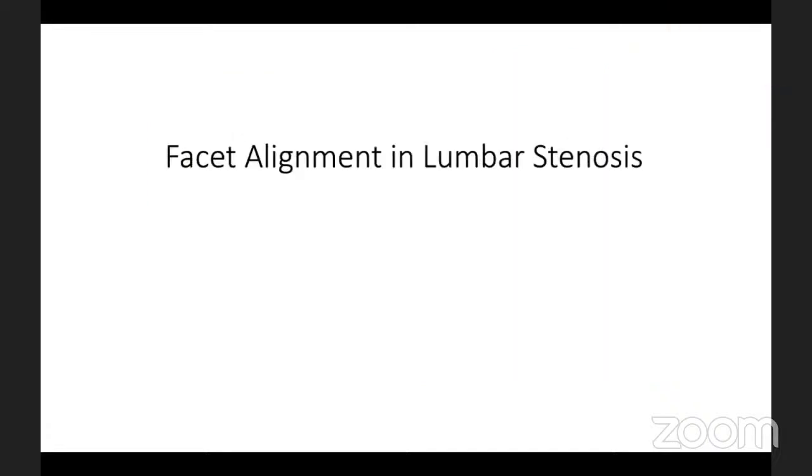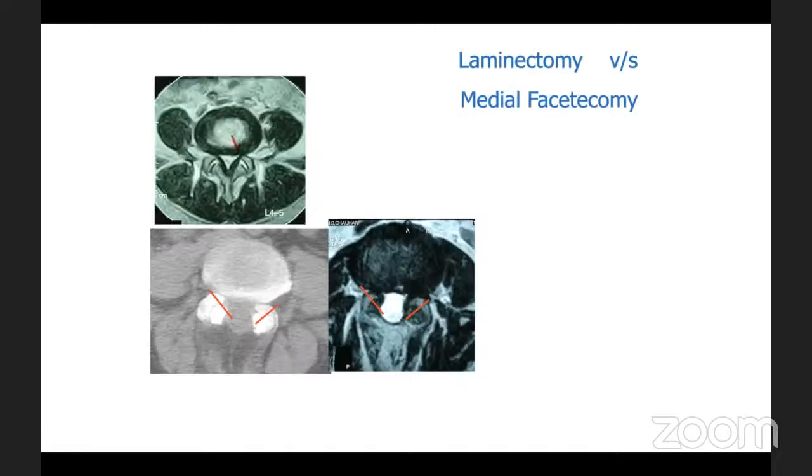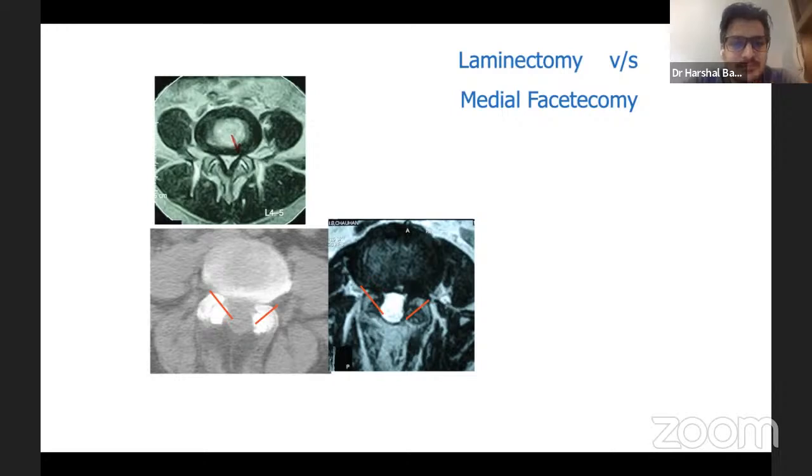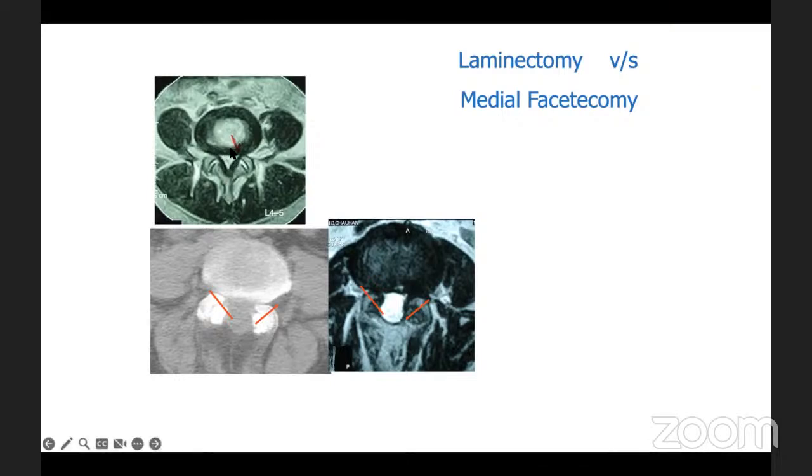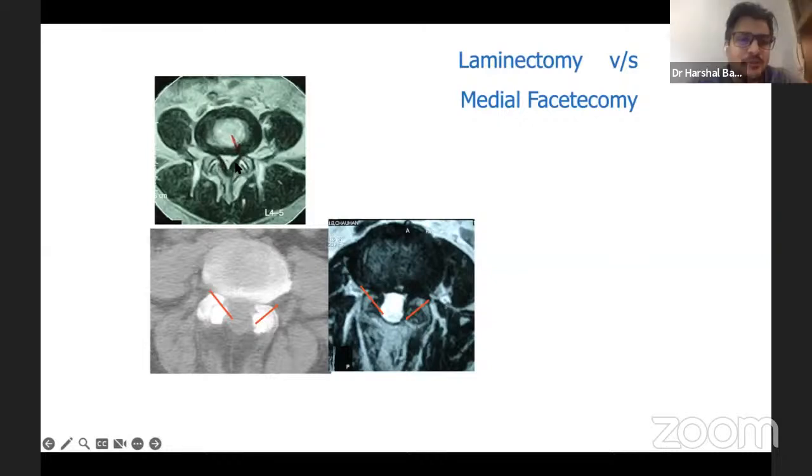Dr. Harshal? Facet, yeah. Sir, can you again read the first MRI? I am unable to gather whatever you have said, sir. I'll tell you, can you see my cursor? Yes, sir. So this is the central canal. You can see there's a ligamentum flavum hypertrophy, right?